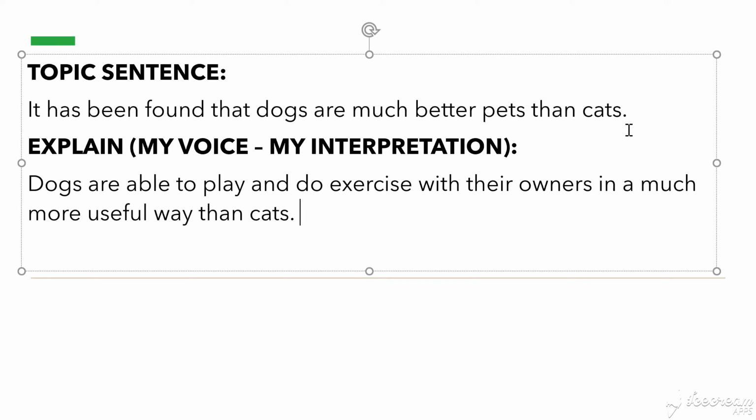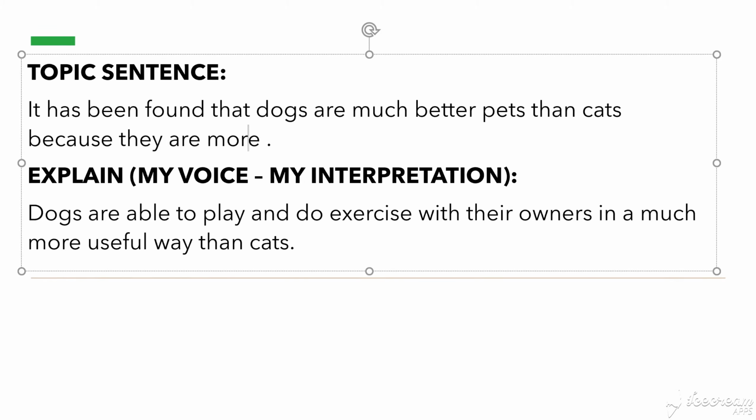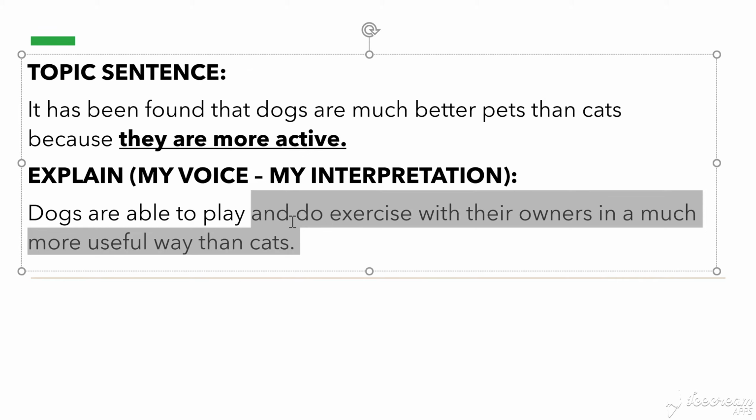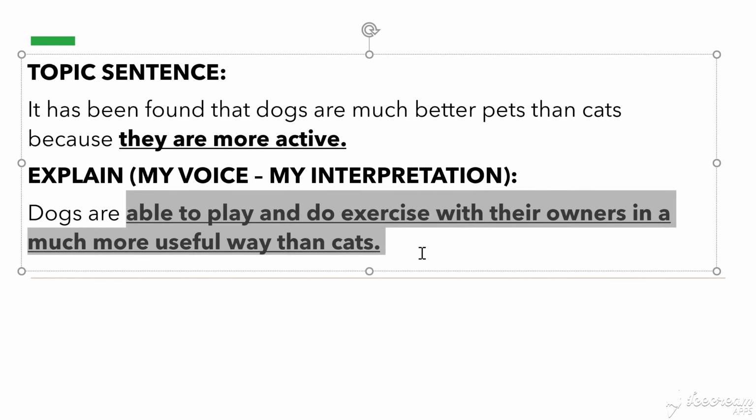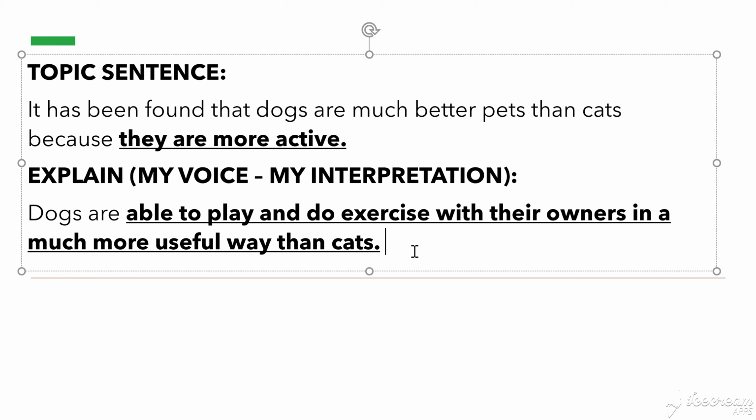My topic sentence is not very good because it doesn't really explain that, so I'd probably have something in there about being more active or something. But here's my theme, and then here's my discussion that's happening in my actual paragraph, my voice.